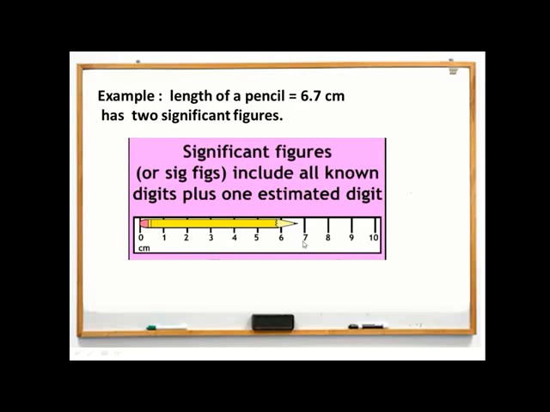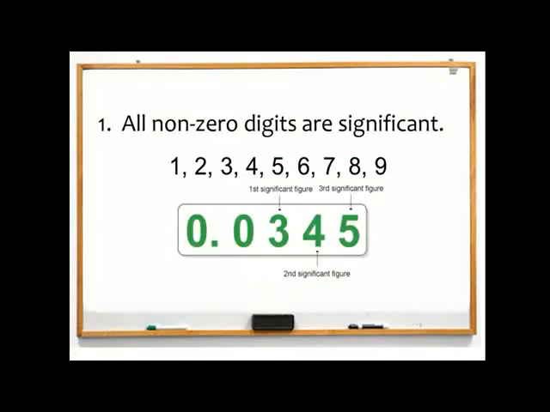There is no graduation between them because the least count is only 0.1 centimeter, and therefore I wrote 6.7 centimeter by estimating that it is greater than 6 and less than 7. The 0.7 is estimated, and 6 is the reliable digit. Together it has 2 significant figures.